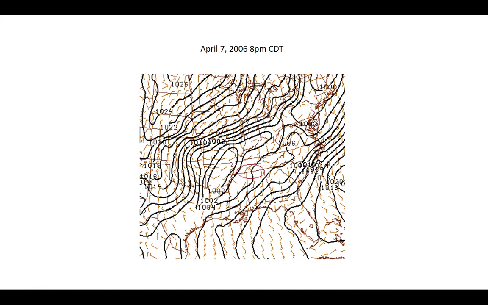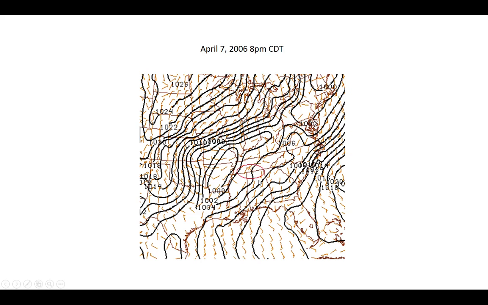But anyway, all weather history aside, looking at the surface map here, you see first off that there's not really a strong isallobaric response, is there, in northern Alabama, especially where that 60% tornado risk was, which was right in through here, kind of in the western half of this red circle.